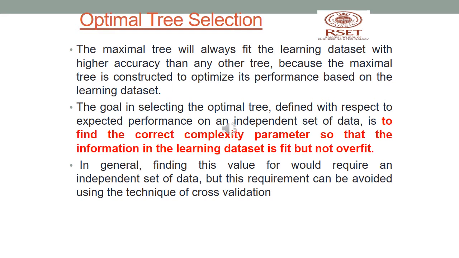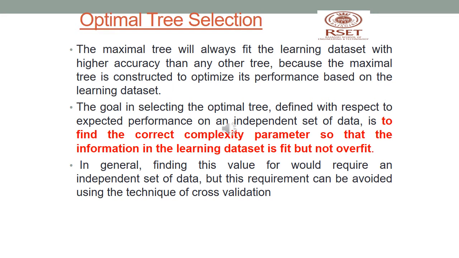So next is optimal tree selection. How can we select the optimal tree? The maximal tree will always fit the learning dataset with a higher accuracy than any other tree, because the maximal tree is constructed to optimize performance based on the learning dataset.